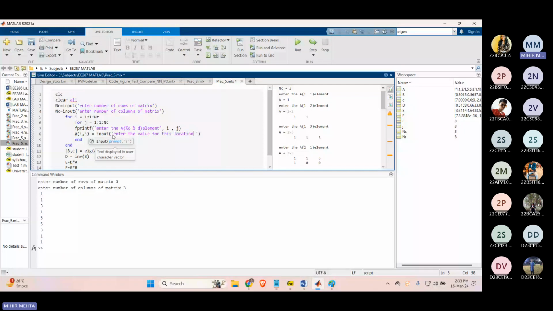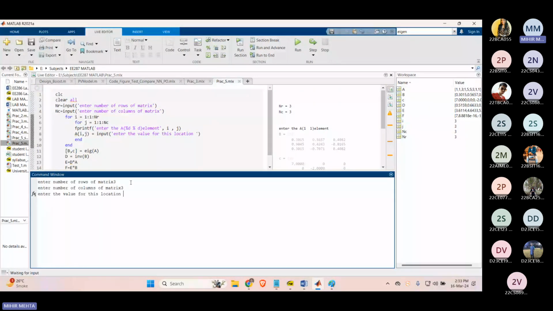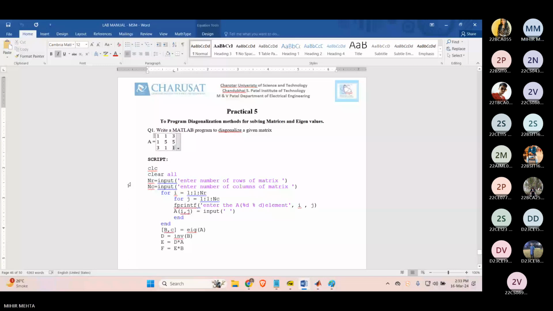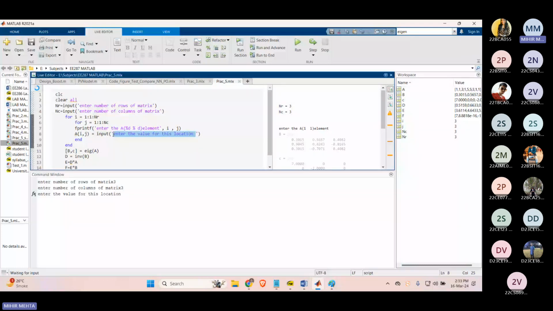And if I rerun this, let's say the number of rows is again 3, the number of columns again 3, and my value is, okay, see, now it says enter the value for this particular location. Are you getting this point? We had left this particular thing blank, so that is why it was not showing you. If you enter this here, it will be shown. fprintf is for your output side. It is not for taking values from the user.